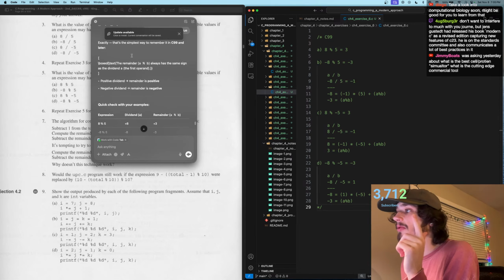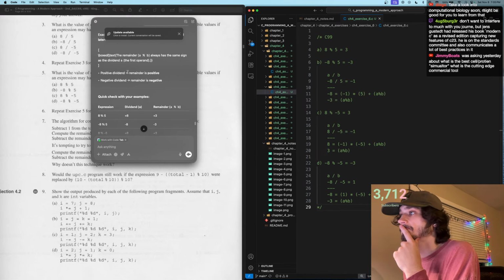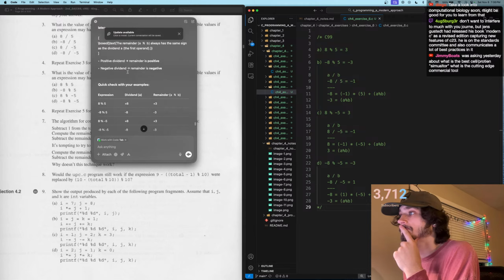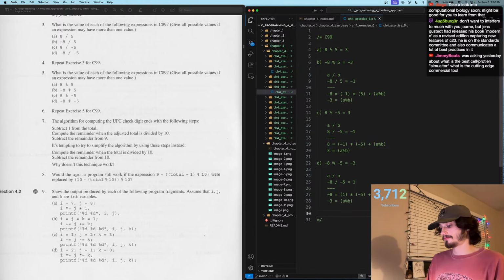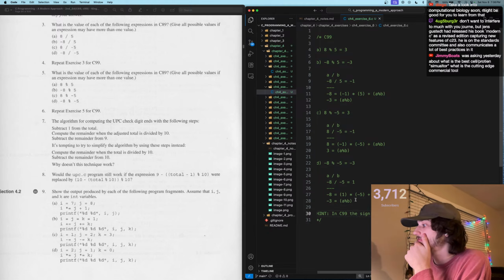The simplest way to remember it is that the sign is always the dividend A. So here's a little tip, like a hint. In C99, the sign of the first value is the sign of the remainder. Is that always true?